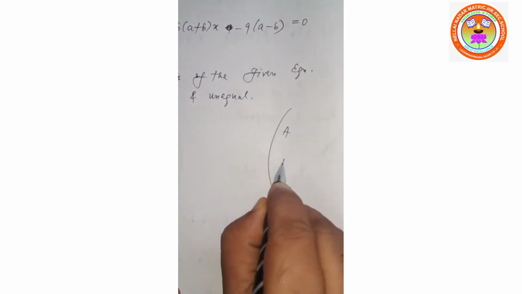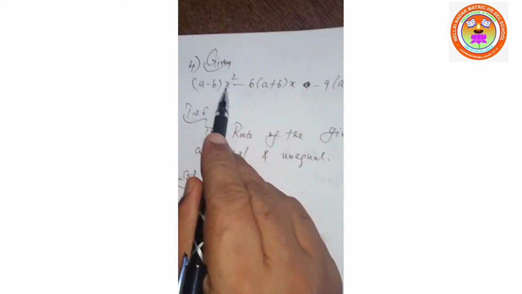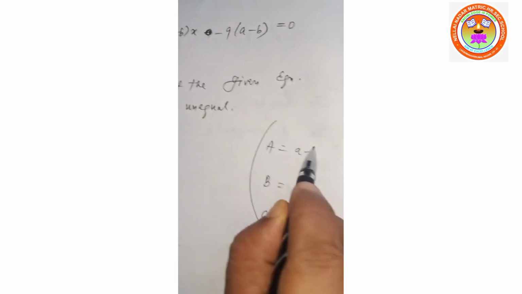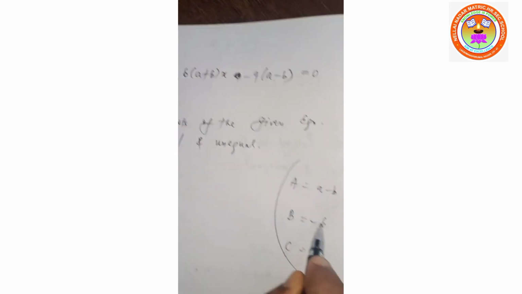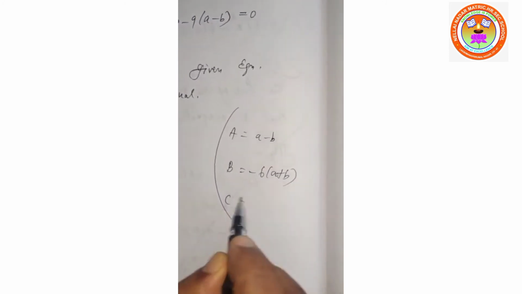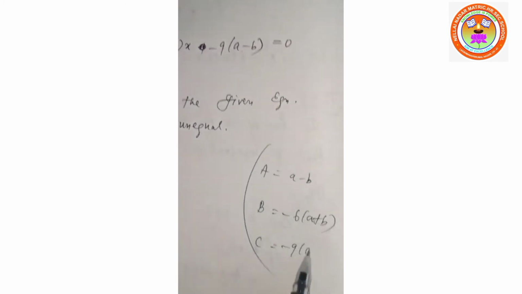You write capital A, capital B and capital C. A is the coefficient of x square, that is small a minus b, and B is the coefficient of x including the sign, minus 6 of a plus b, and capital C is the constant, that is minus 9 of a minus b.